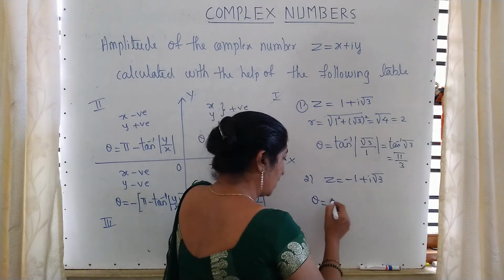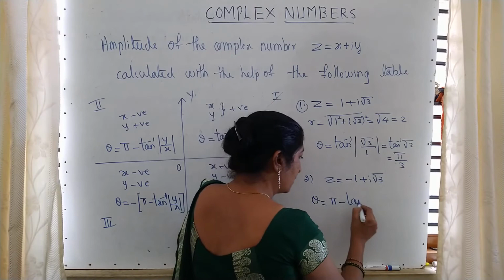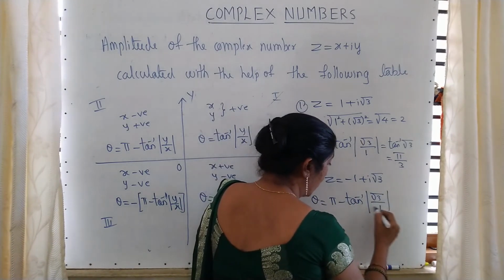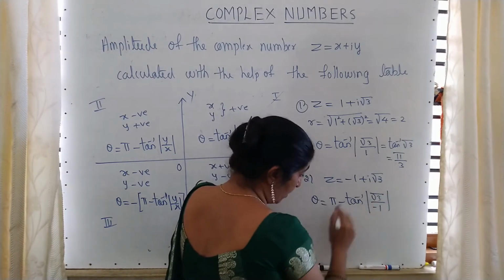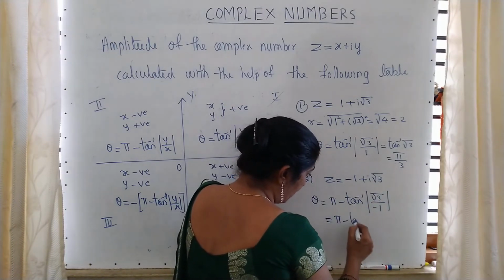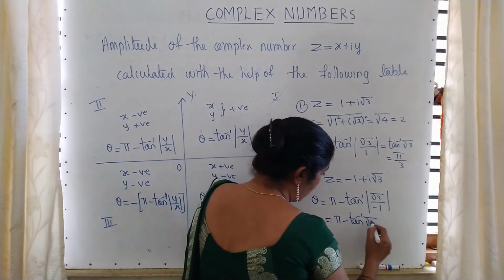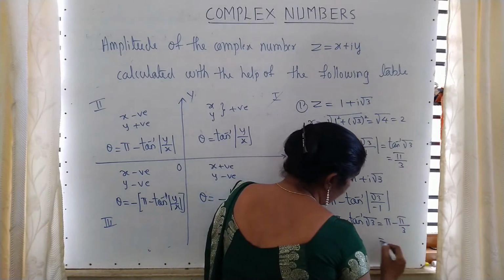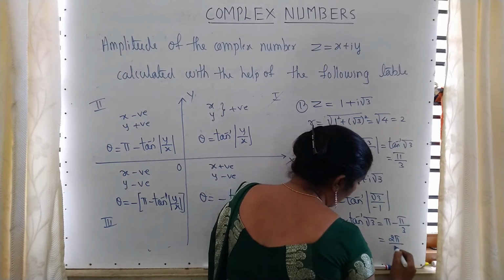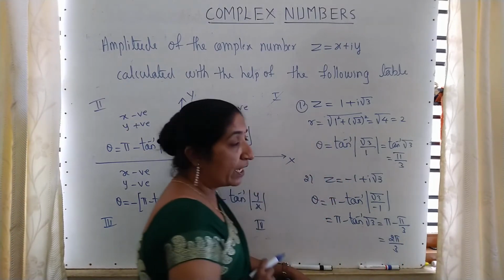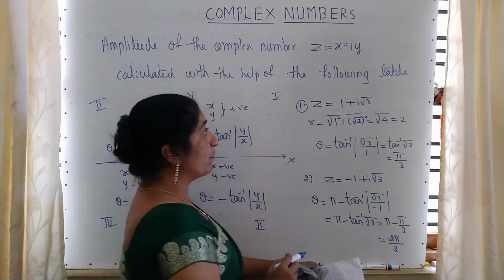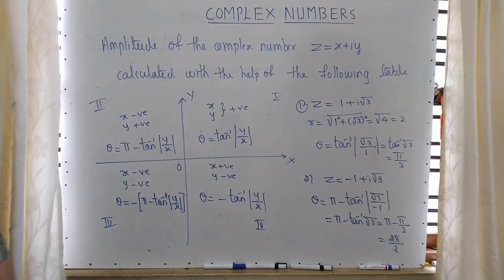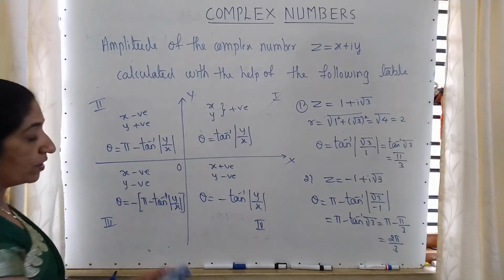But theta is pi minus tan inverse y by x, minus 1, but under modulus it becomes positive, pi minus tan inverse root 3, that is pi minus pi by 3. Is it 2 pi by 3 or what? Understood? Like this we are calculating the amplitude with the help of this table. And mark it, students, this table is very important. Please note it down in your book.